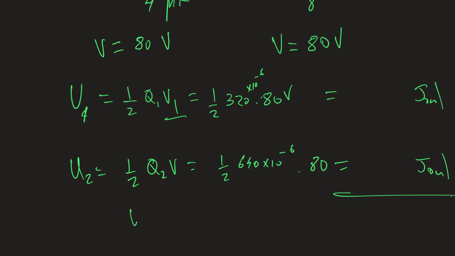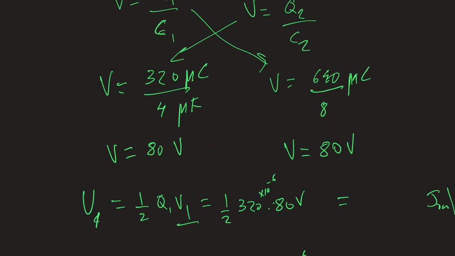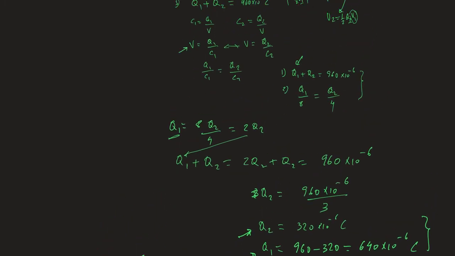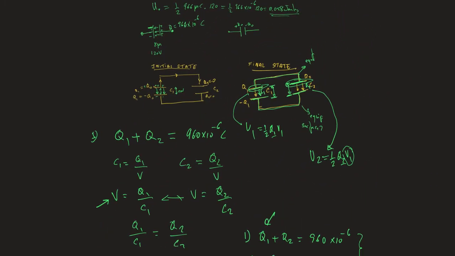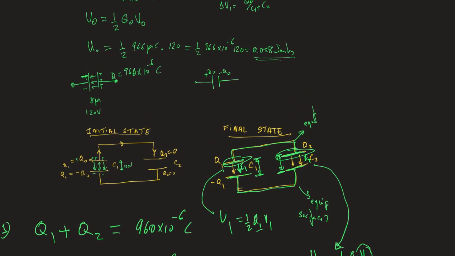If you sum U1 plus U2, you will see that it's different than U0, the initial potential energy at the beginning of the problem, when it was charged. And what happened with the energy? Has it disappeared?